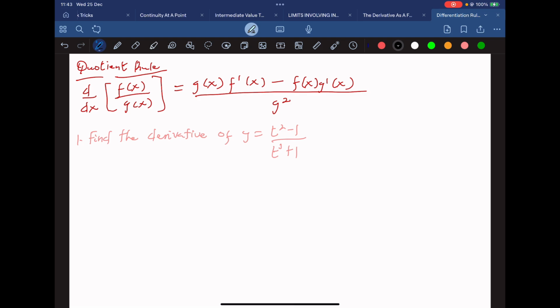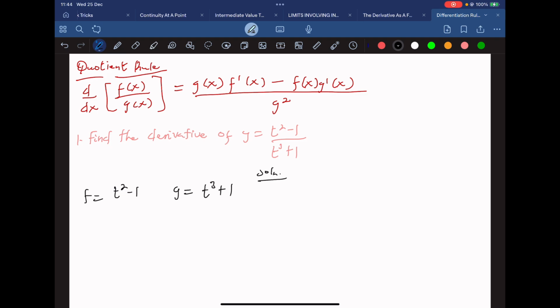Because we don't have two terms multiplying. Instead, we have two terms dividing. So the only idea is to use the quotient rule. So whenever you have multiplication, you use the product rule. When you have division, you use the quotient rule. So your f is always your numerator and your g is always your denominator.